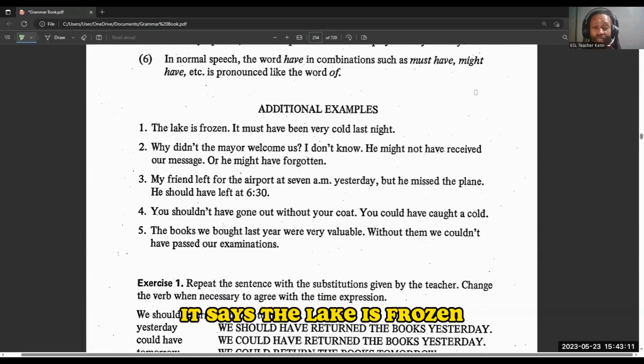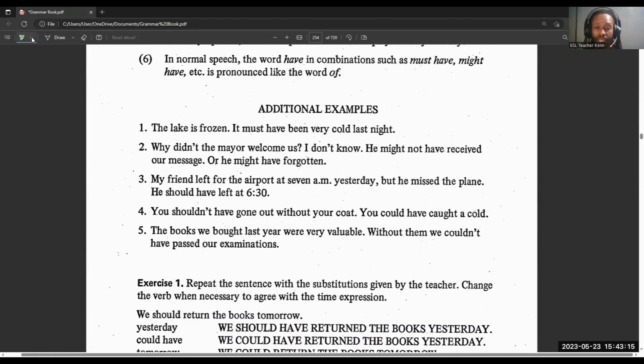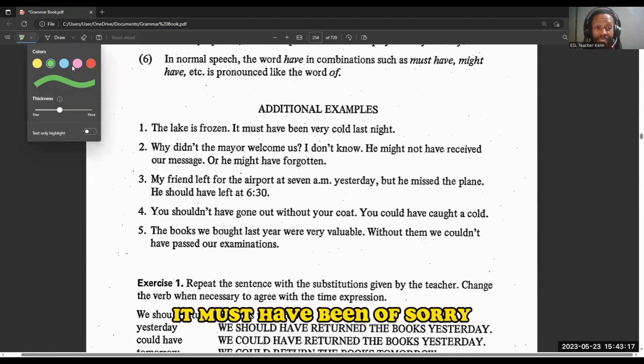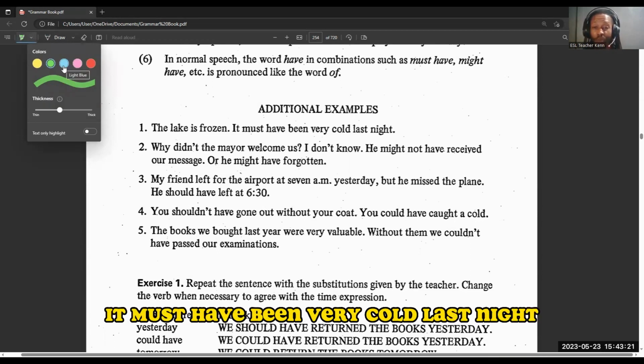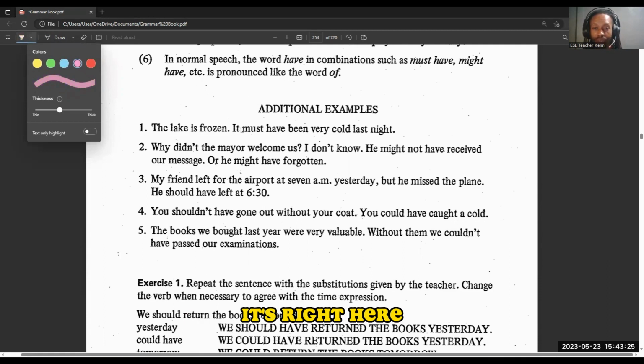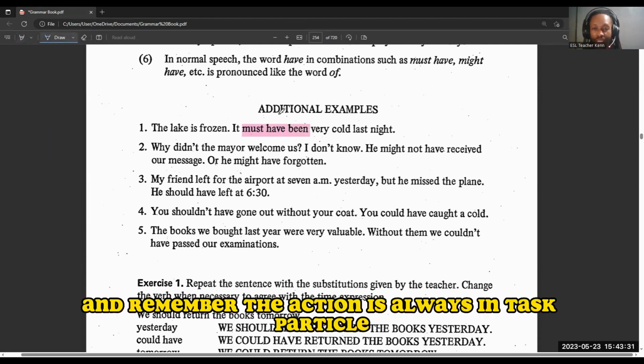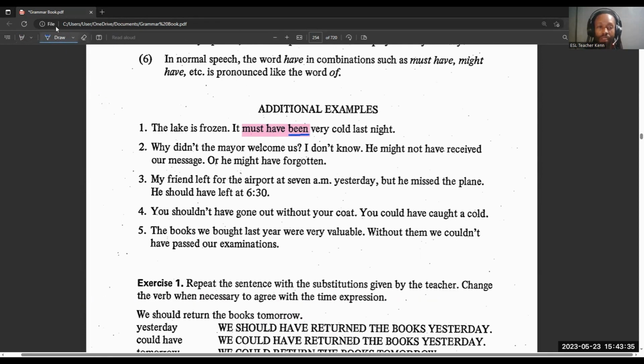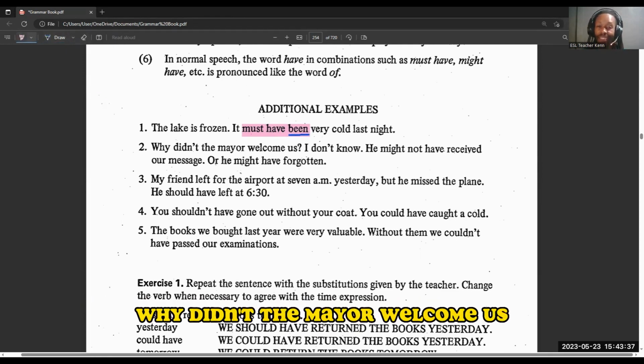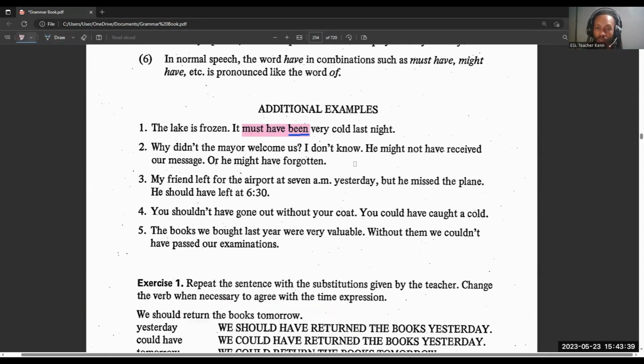It says, the lake is frozen. It must have been very cold last night. It's right here. Must have been. And remember, the action is always in past participle. Why didn't the mayor welcome us?